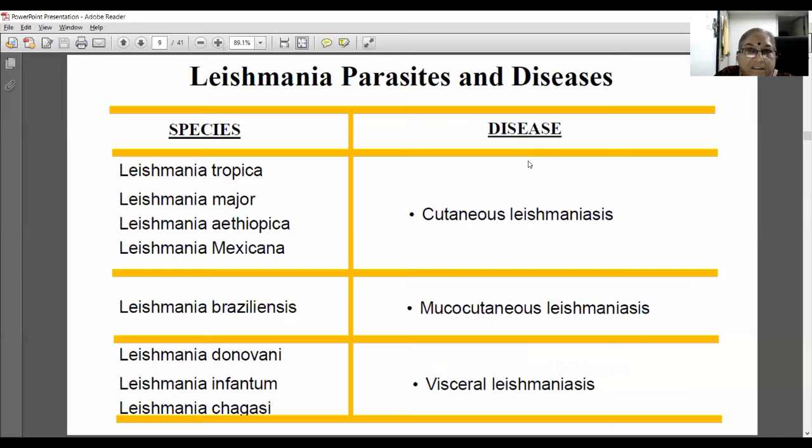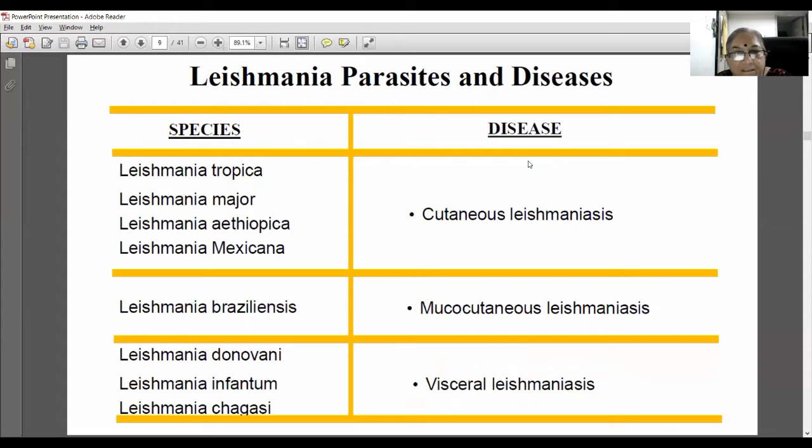Leishmania parasites and diseases. There are different types of Leishmania that are seen, and you will see that they cause different types of diseases. Leishmania tropica, Leishmania major, Leishmania ethiopica, Leishmania mexicana, they all cause cutaneous leishmaniasis.